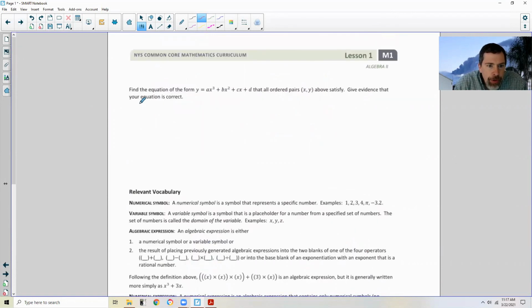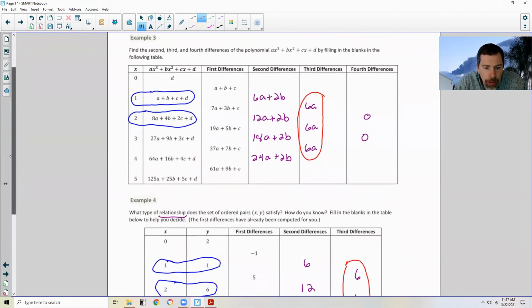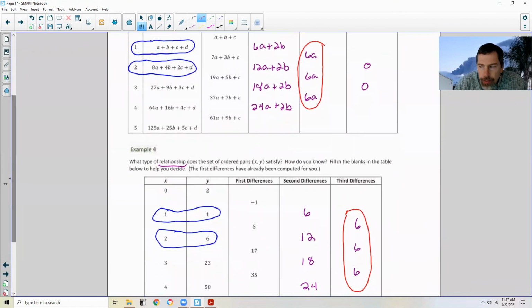So the first thing I'm going to do is say, well, what is this doing? 6a equals 6. So if I divide both sides by 6, then I get a equals 1. So I know that a is 1. Then if I come back here, and I realize that I have the points x comma y, 1, 1, and 2, 6.